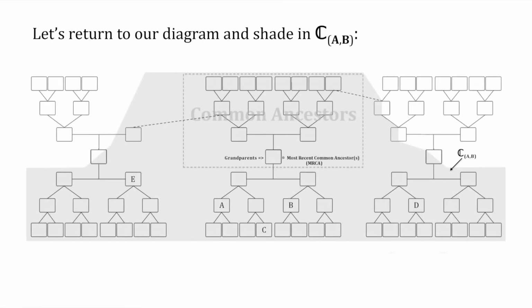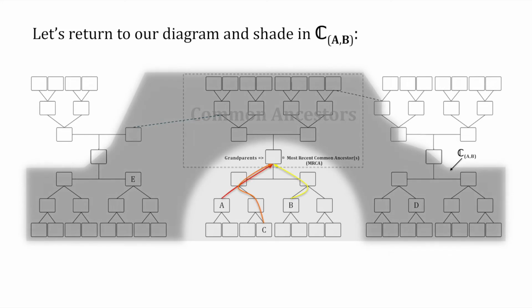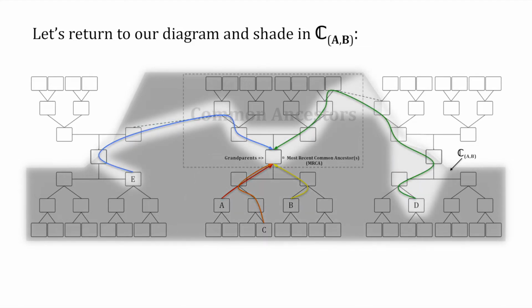Let's return to our diagram and shade in the complex about A and B. As a reminder, all individuals in the shaded area are either descended from one or both of A and B's shared grandparents, or share a common ancestor with one of their grandparents.